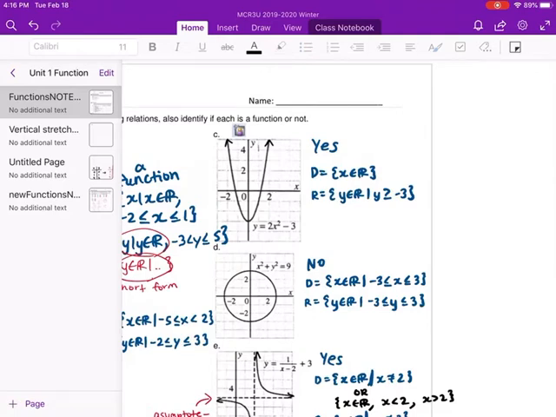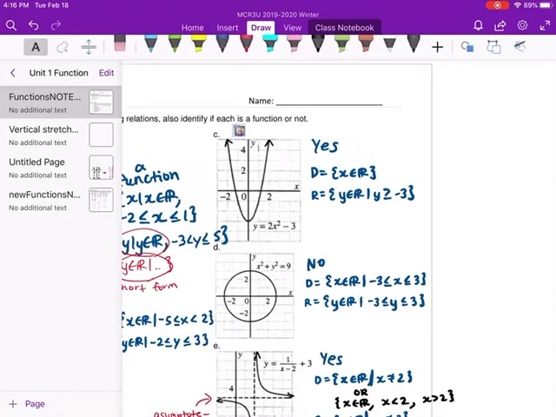Any polynomial is going to have a domain of x an element of the reals, polynomial meaning terms with positive exponents on the x value. And then the range, y is going to be larger than or equal to -3 because the vertex is at (0, -3).